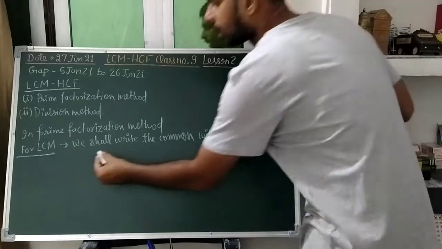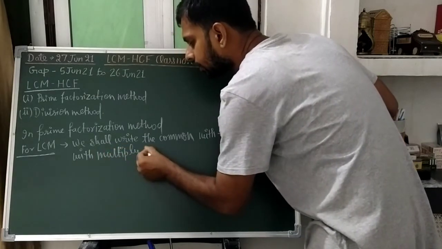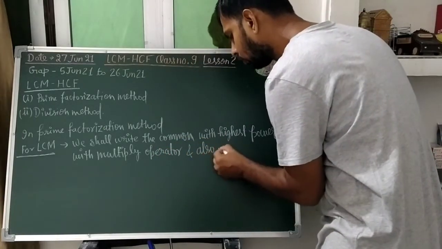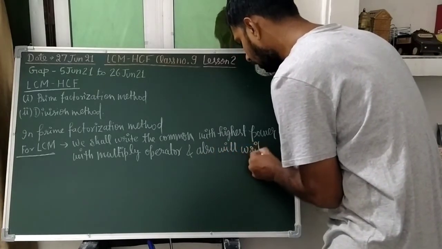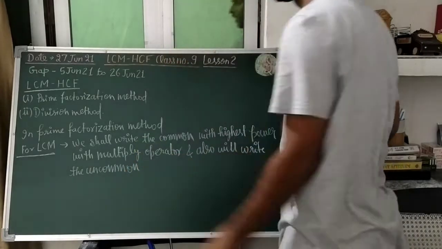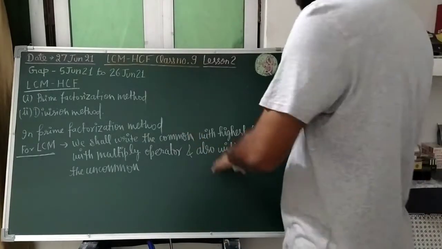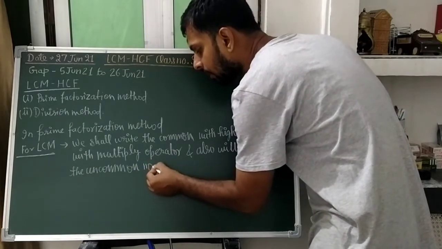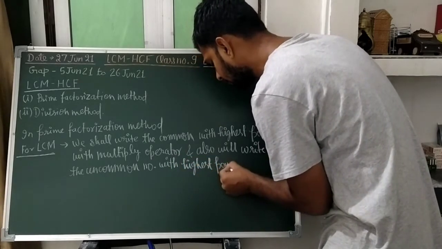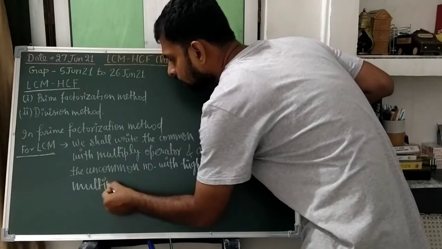So the common number with highest power with multiply operator, and also we will write the uncommon number. Uncommon numbers also we will write in the case of LCM, with highest power with multiply operator.